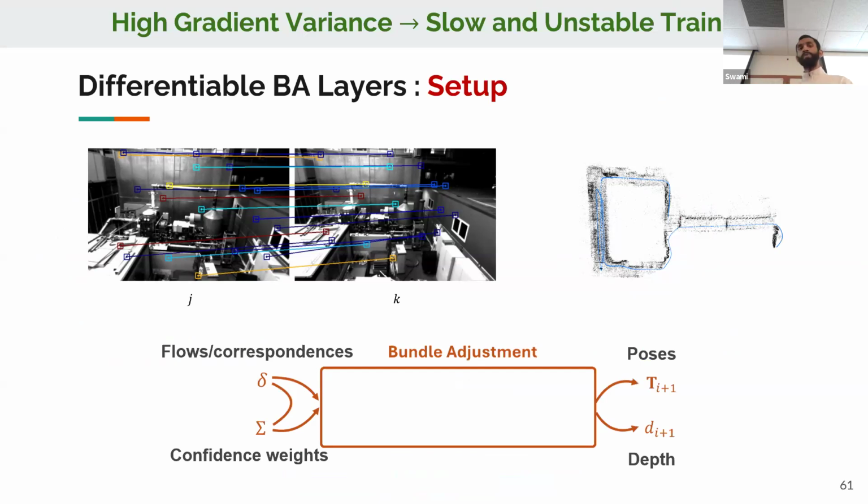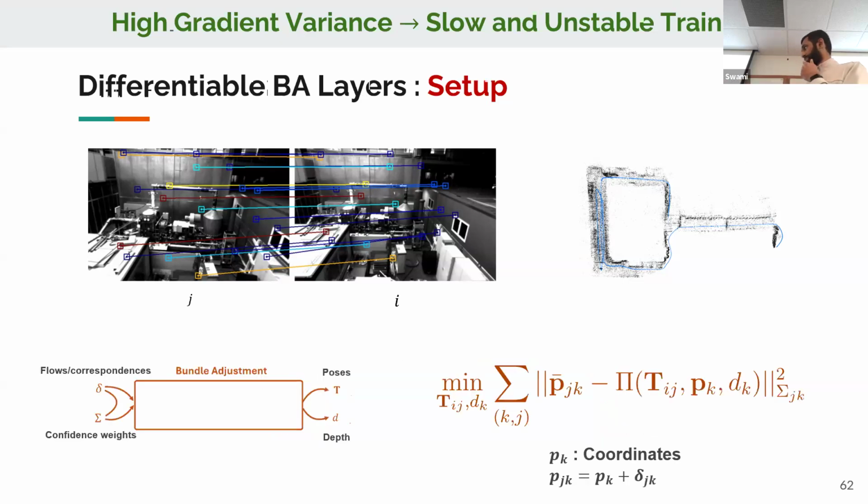For a bundle adjustment problem, you give these two things as input. Then you solve a nonlinear least squares optimization problem for the poses and depths of the camera and the detected points. The optimization problem is a nonlinear least squares problem over the poses and depths, where you try to minimize the reprojection error across these frames.